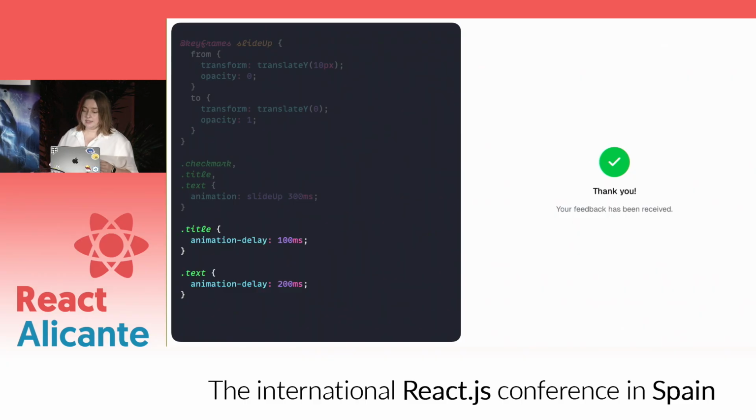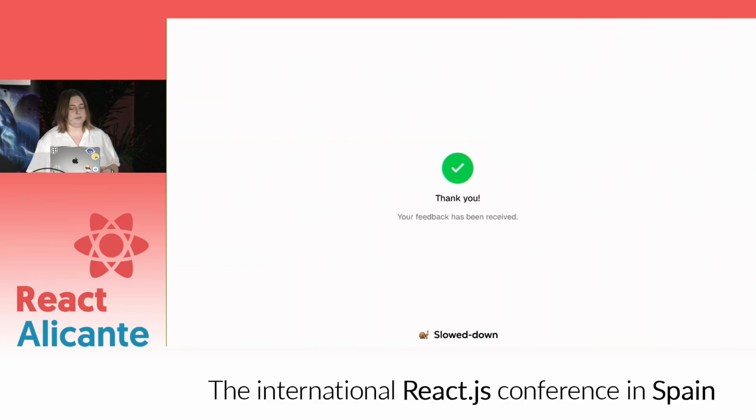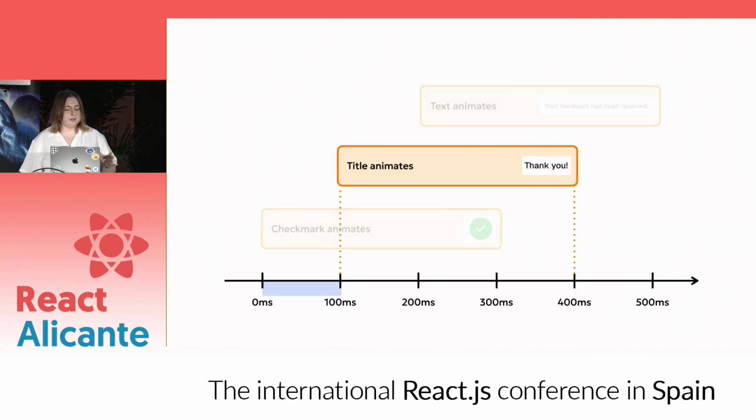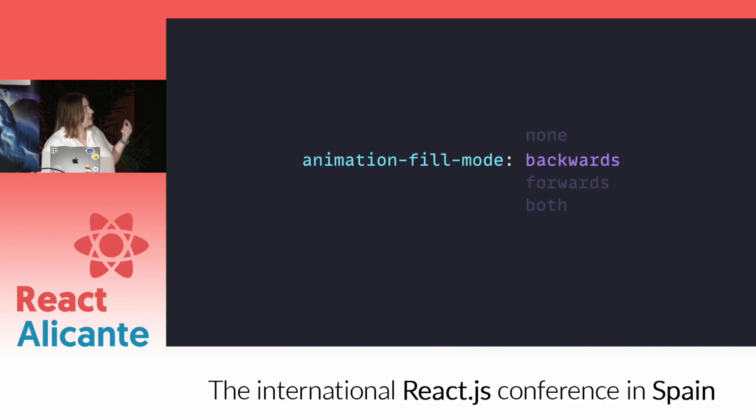But what you will see now is there's a little glitch happening, right? The checkmark animates OK, but then the title and text don't animate properly. They flip instead of sliding up. It happens because before the animation kicks in, the element already exists on screen with full opacity. And therefore, it just switches that opacity back. But we can fix this by using the animation-fill-mode property, which is actually super helpful for keyframes.